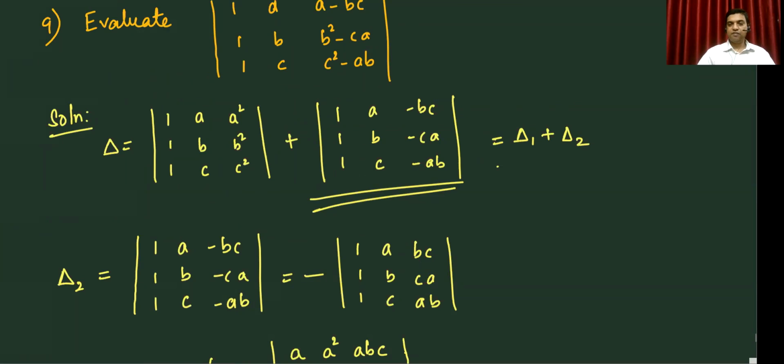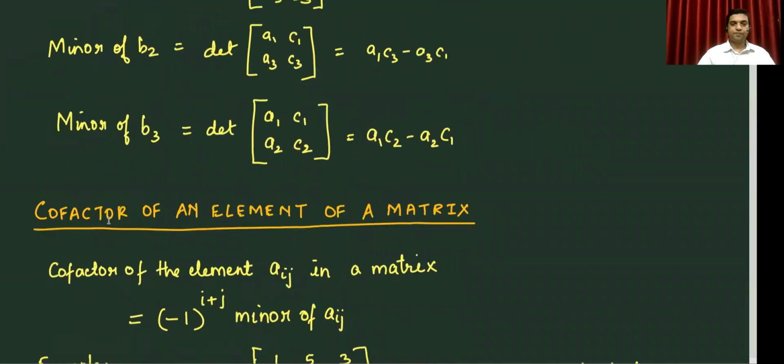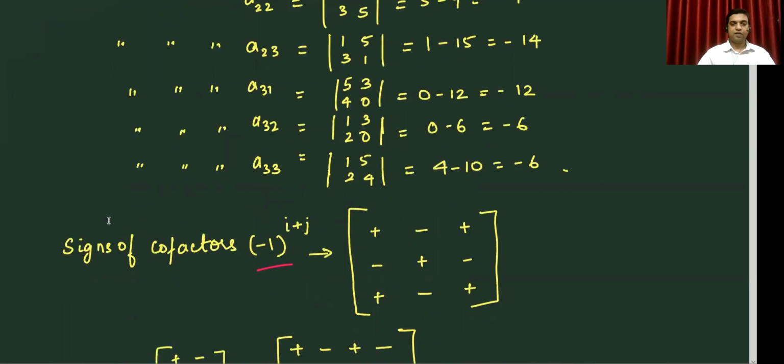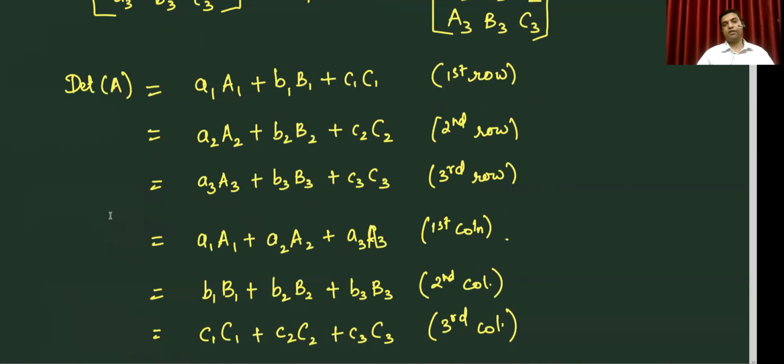What was our basic definition of determinant? Elements of any row or any column multiplied by the cofactors and added.